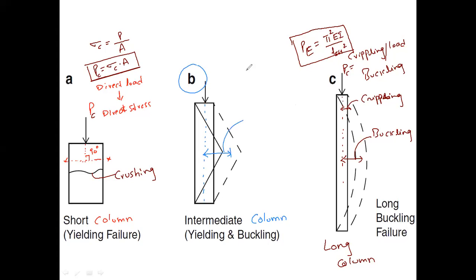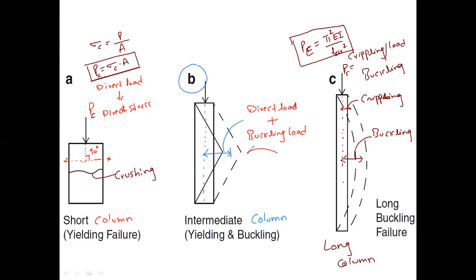What are the two? Intermediate columns will fail under direct load plus buckling load. Understand? That means intermediate columns will have crushing and even buckling also.